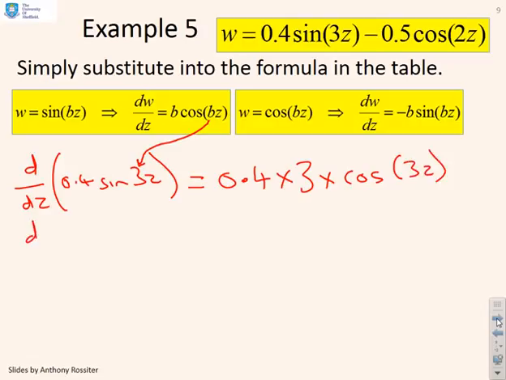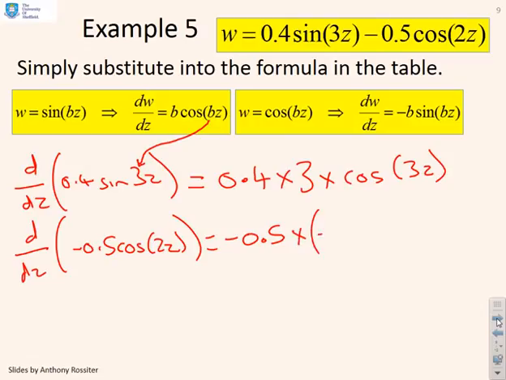And then if we do d/dz of minus 0.5 cos of 2z, then we'll carry the minus 0.5 to start with, and then the derivative of cos, we get times minus b, so minus 2, because in this case, if you see the bz term corresponds to the 2 there, so you get times minus 2 and then times sine of 2z.